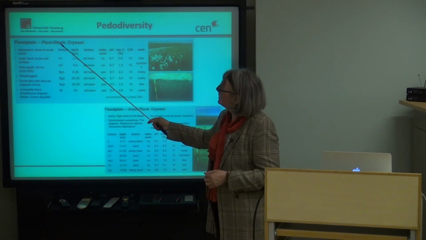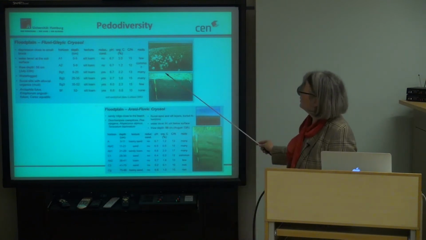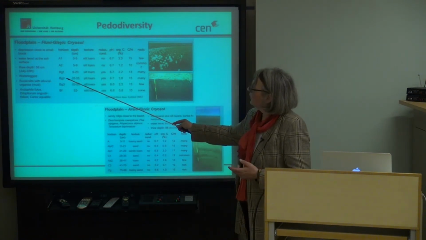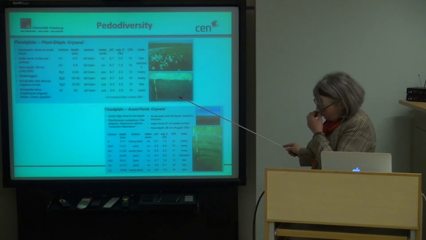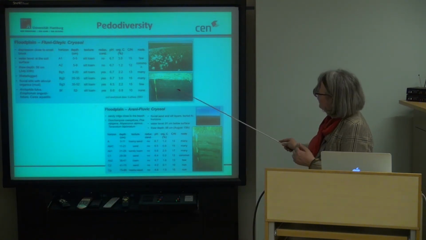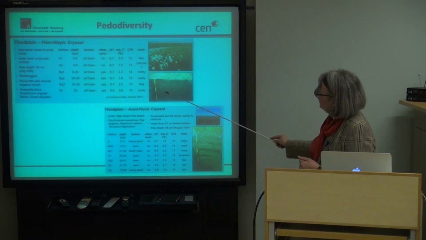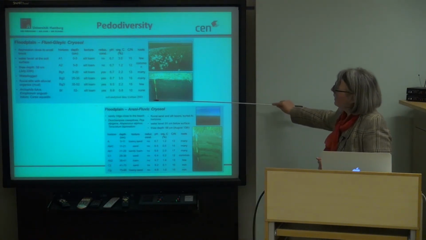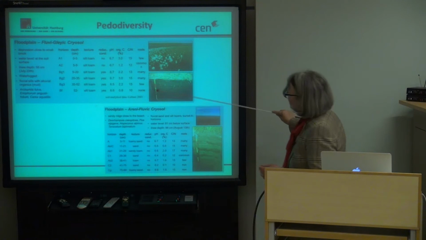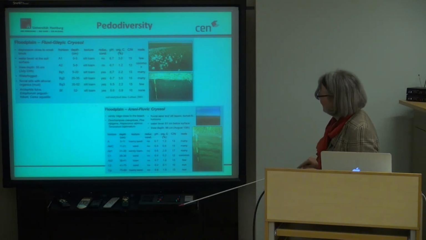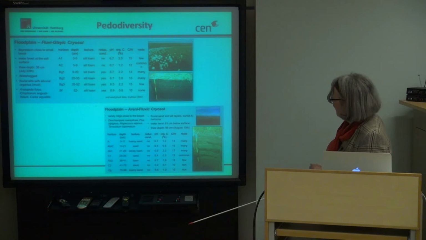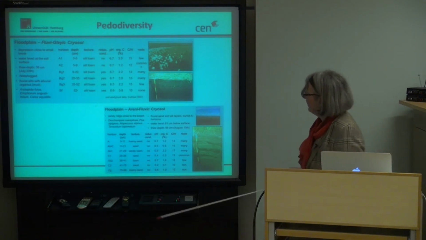The clay is the dominant feature you can see in the whole profile. You have water influence, that means formed iron oxide is distributed in the whole profile, and the permafrost starts here at 40 to 60 centimeters.